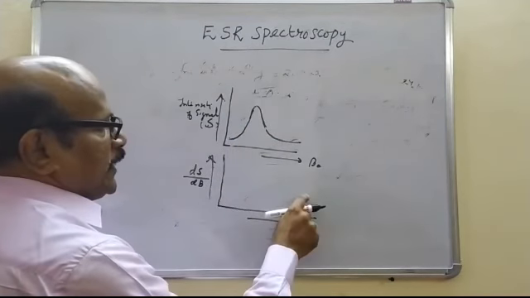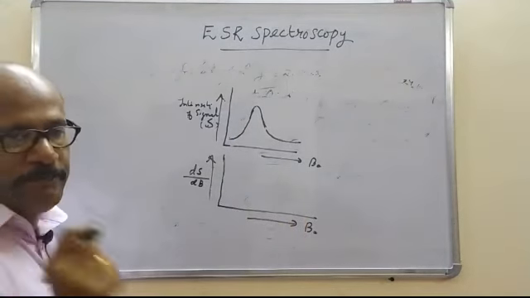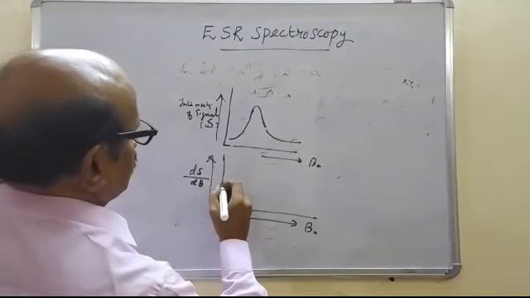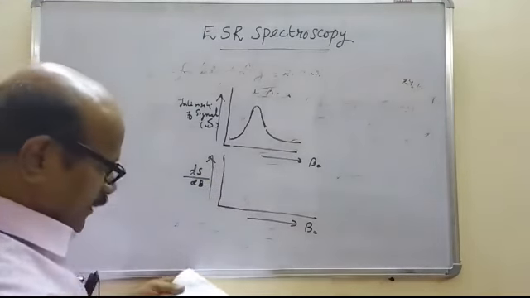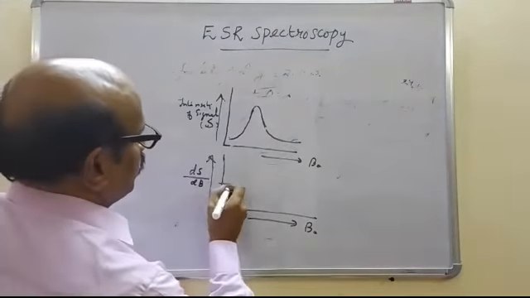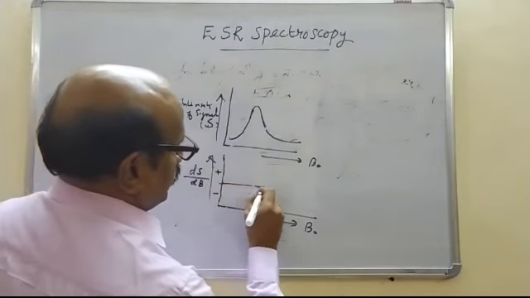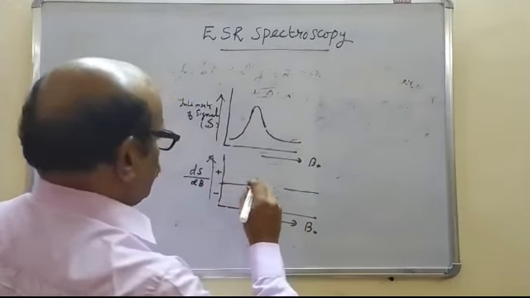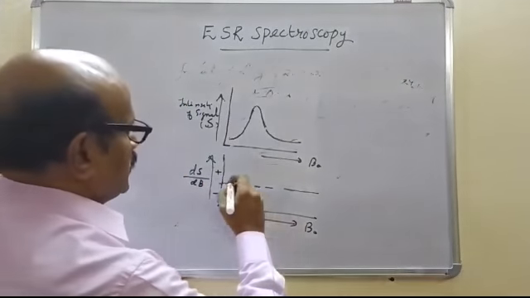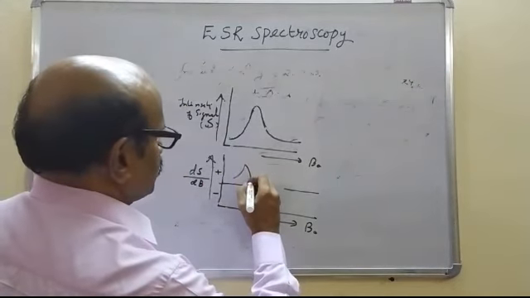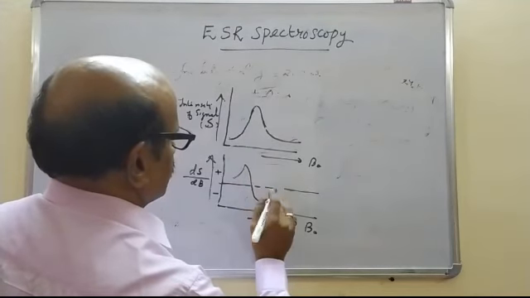it will cross the abscissa, producing a maximum and a minimum. So dS by dB, with the values negative and positive, we have a curve like this. Corresponding to this, the curve has a maximum and a minimum. It's the typical curve.